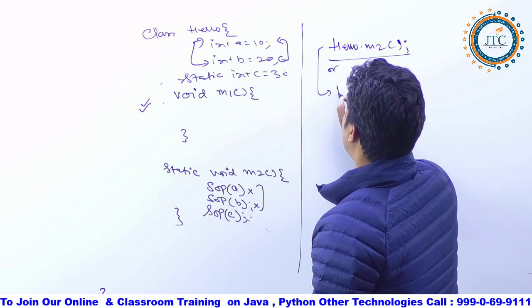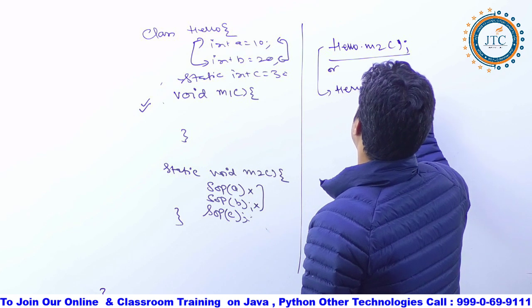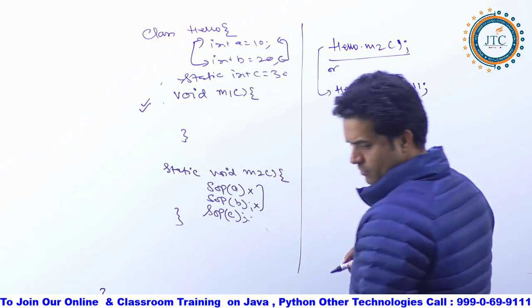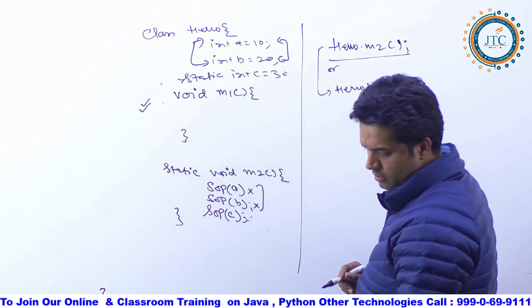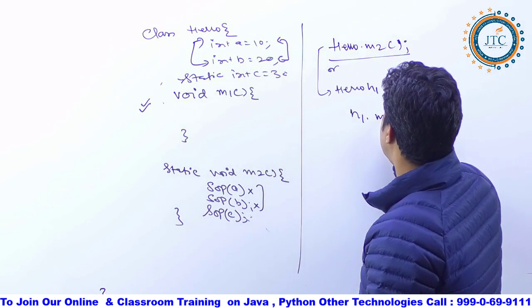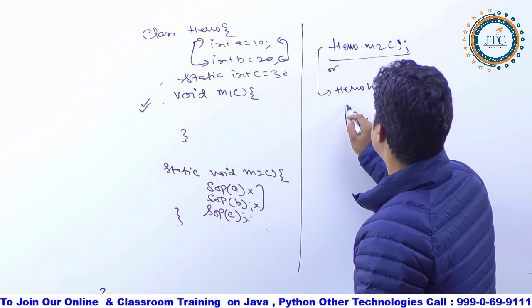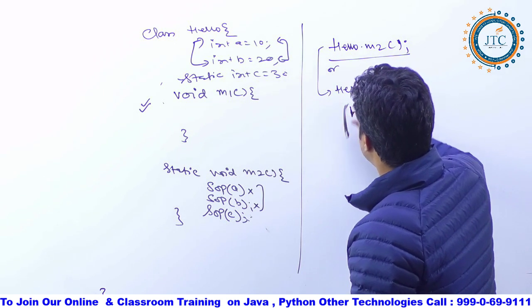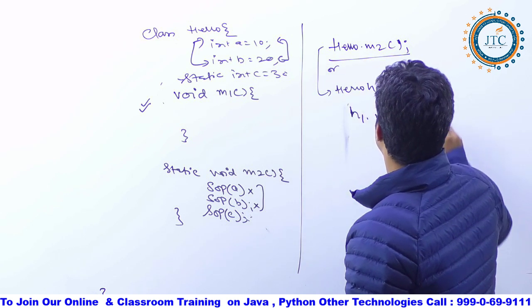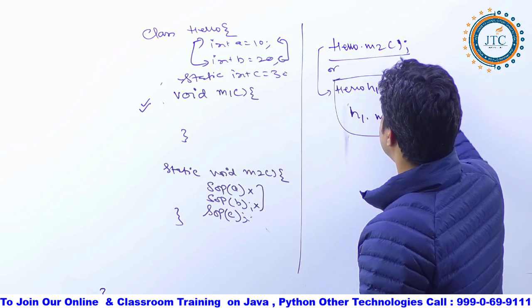Or we can write h1 is equal to null, and by calling this, again I write h1 dot M2, which I can call here, correct? So these are the two different techniques by which we can call this static method.